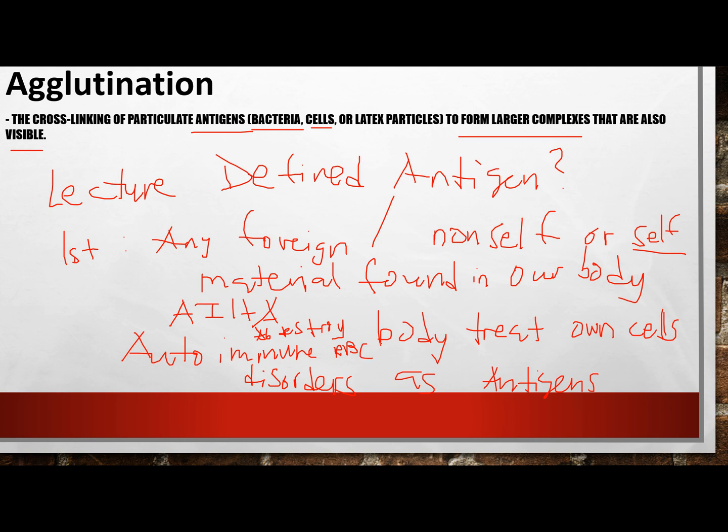These are any foreign slash non-self or self material found in our body that can cause an immune reaction. So let me repeat for the third time: one definition is that it is any foreign, non-self or self material found in our body that can cause an immune reaction. So that's the first definition.